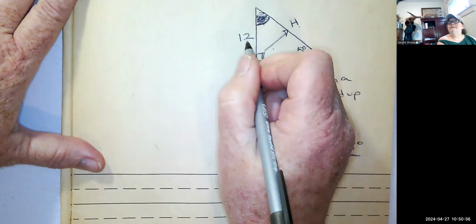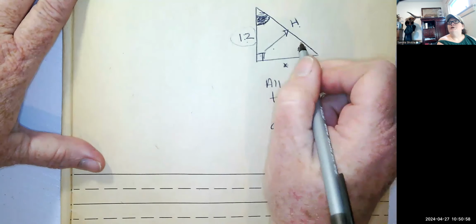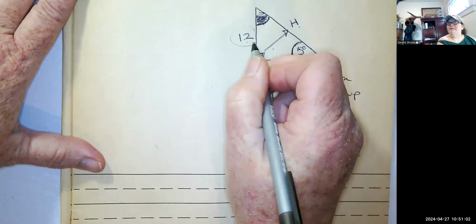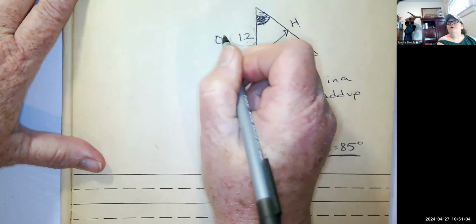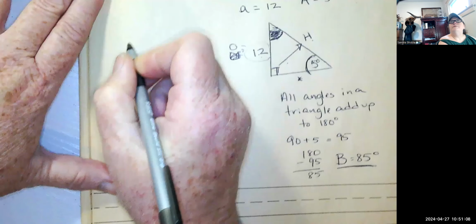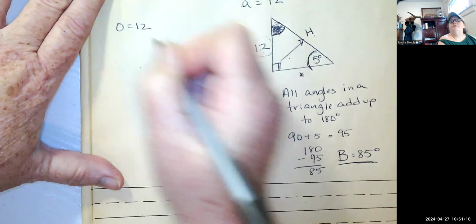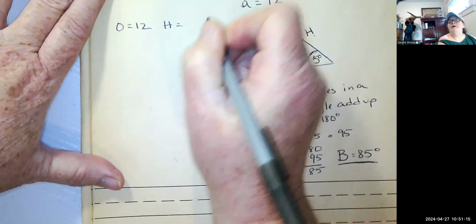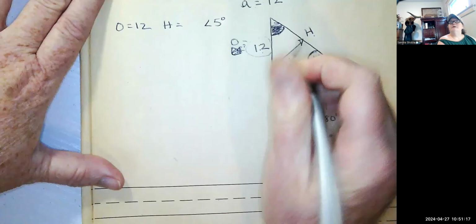So what is this side in relation to this angle? It is the opposite. So that means that O is equal to 12. We don't know what H is, and we've got our angle is 5 degrees.